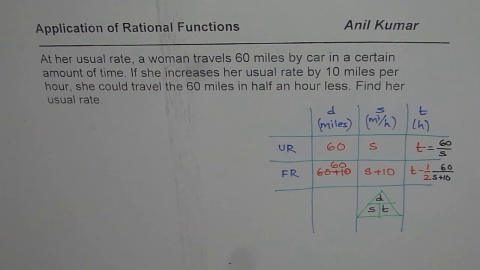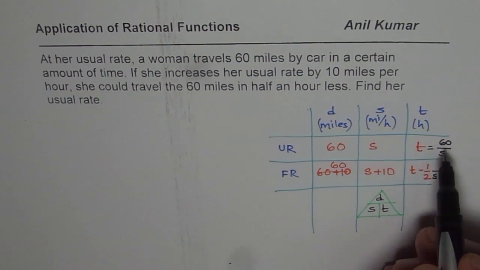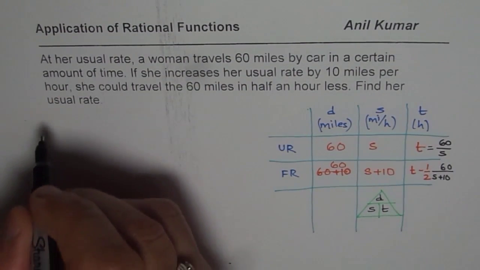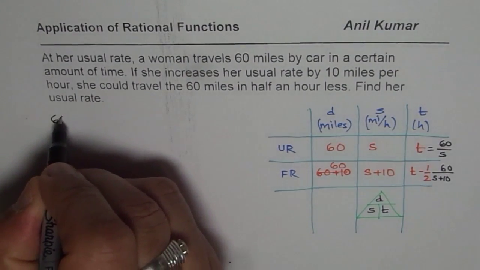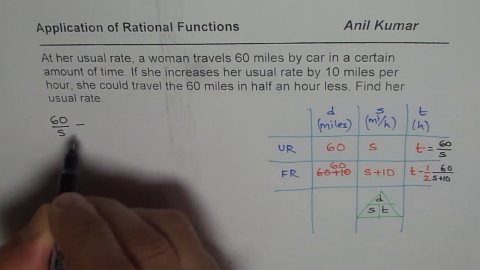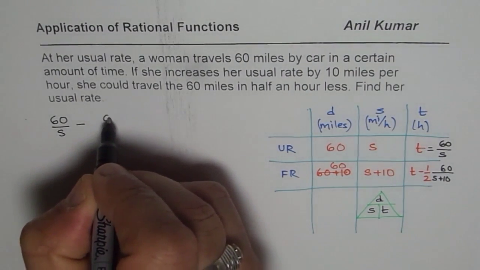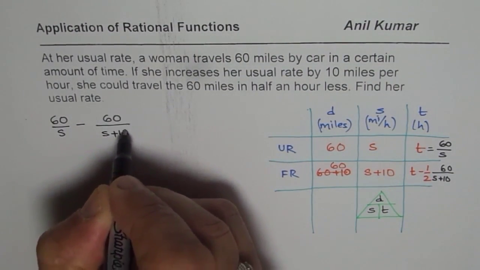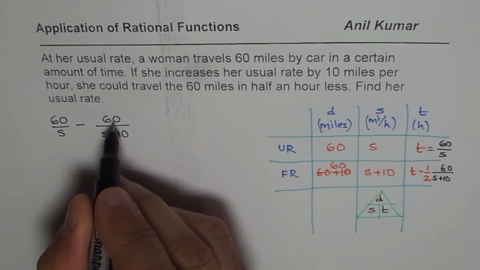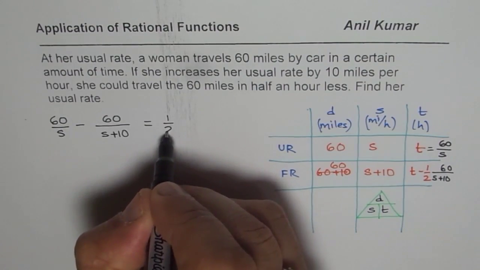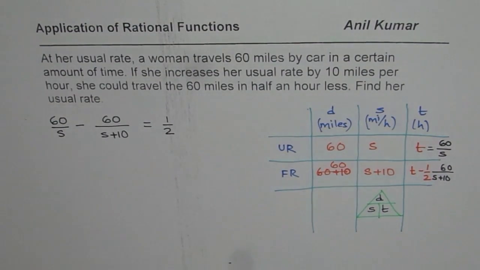That is what it means. She takes longer with lesser speed. And so you get your equation. That is 60 over s minus 60 over s plus 10. So when you divide by a bigger number, you get a lesser amount, right? So you get here the difference is half an hour. So that is how you get your equation, correct?